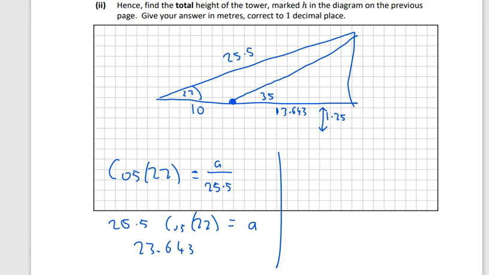And then we can use tan to work out the height which we want, and then we just have to add on the 1.5 at the end. So tan of 35 is equal to opposite, just call it O, over the adjacent, which is 13.643. So we do 13.643 multiplied by tan 35 is equal to the opposite.